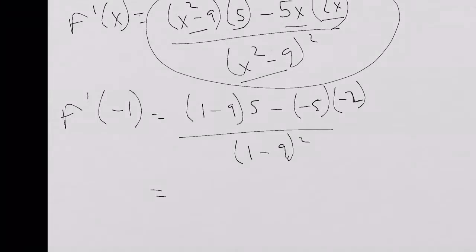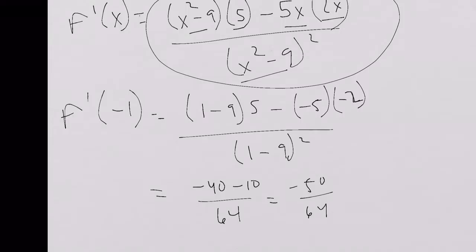So that would be at that point -1, -1/2, like on my problem. I get -8 times 5, which is -40. That turns into a minus 10 over a, so that's a -8 squared, so a positive 64. So I get -50 over 64, which that could probably be reduced some.